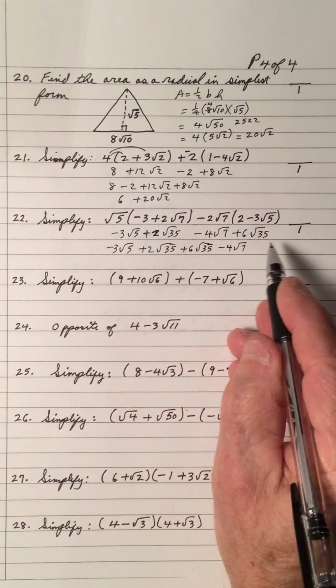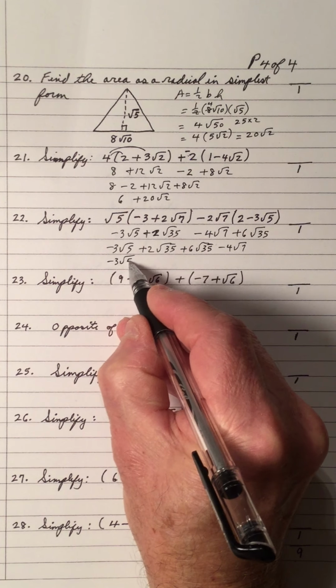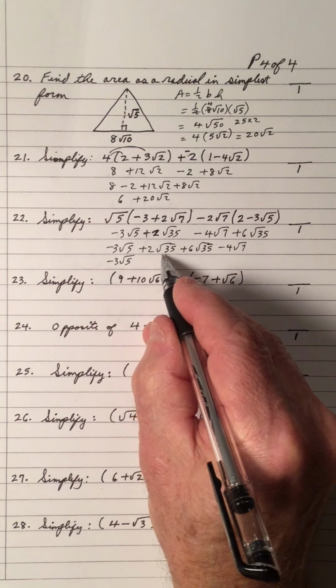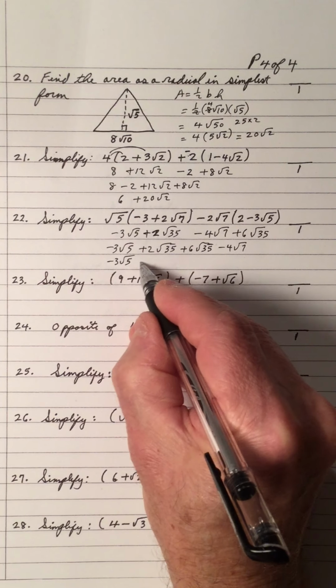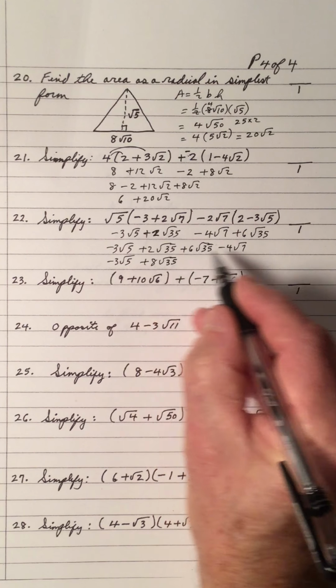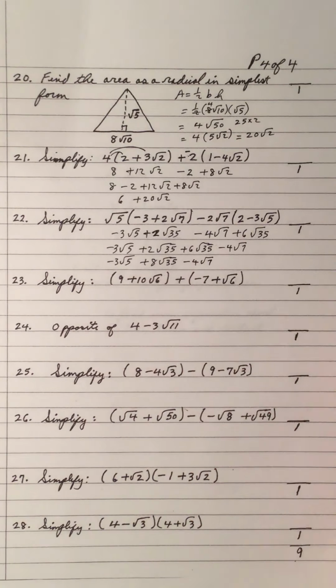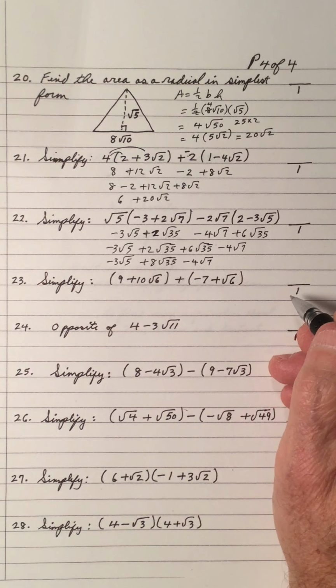So note, this stays like that because there's no other term like it. This is like terms, so 2 plus 6 is 8. And 4 root 7. Can't change it because there's no more like it. If you have this answer, give yourself a mark.